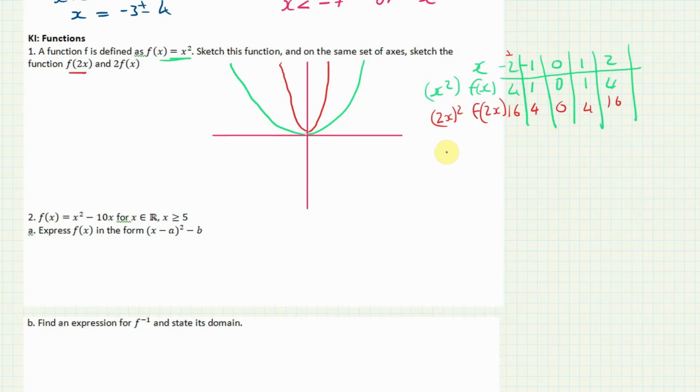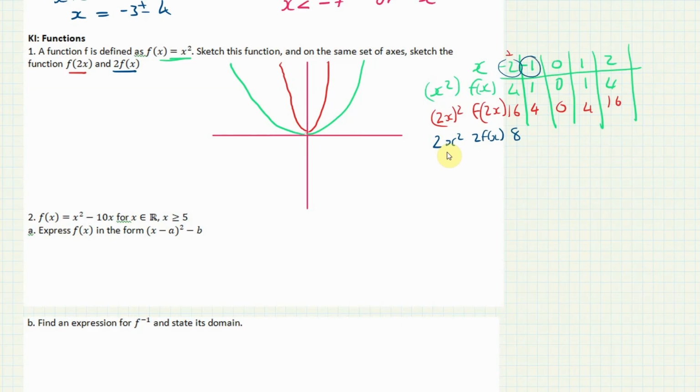And then now we're going to do the last one, 2f(x). Now what's going to happen here? Well, that's like 2 times x squared. Okay, so we're going to now draw 2f(x). So we get our x squared, this here, which is 4, and we times it by 2, which is 8.